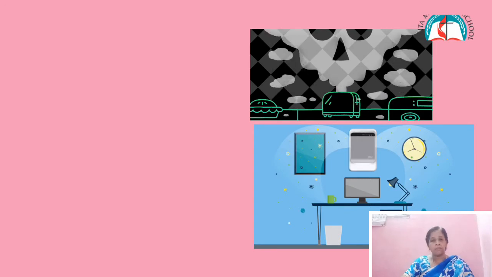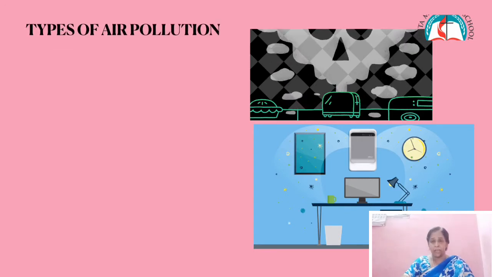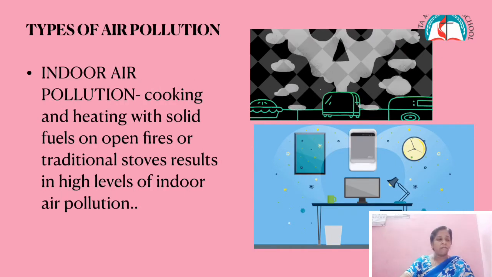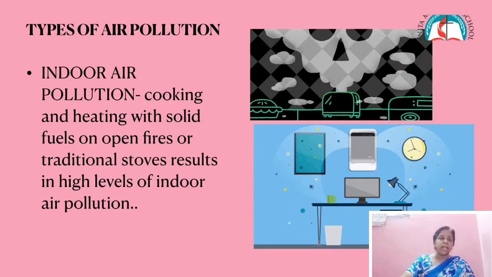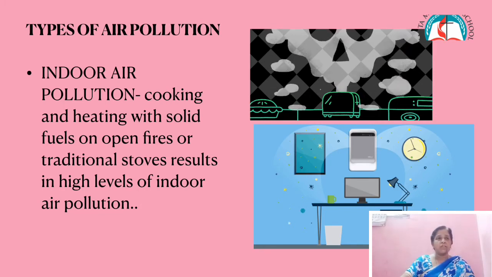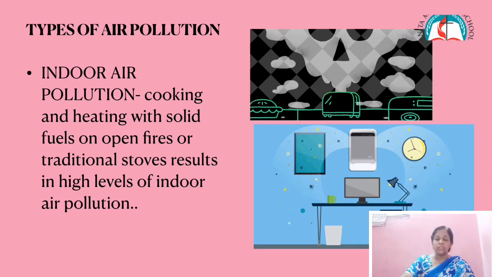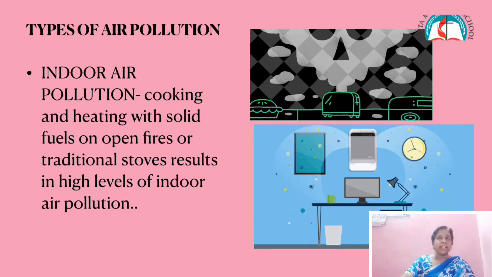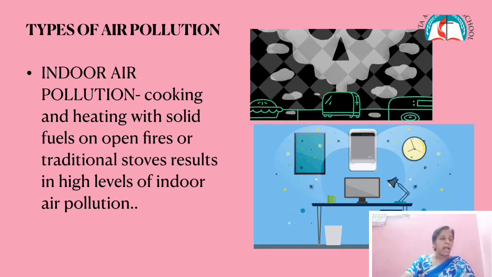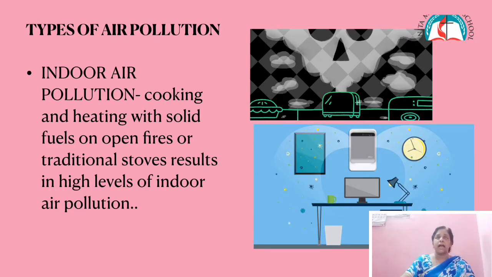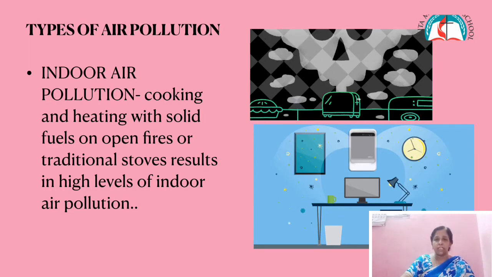The types of air pollution are indoor air pollution and outdoor air pollution. Indoor air pollution is when contaminants enter into the daily lives in our homes, offices, and also schools and workplaces. For example, cooking and heating with solid fuels on open fire or traditional stove causes a high level of indoor air pollution.